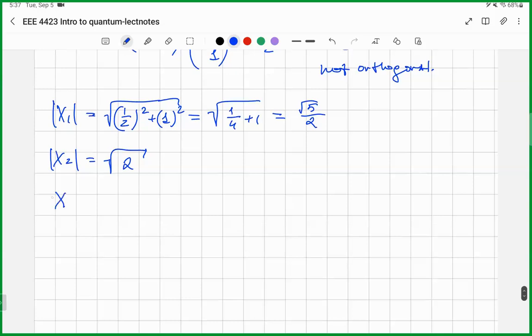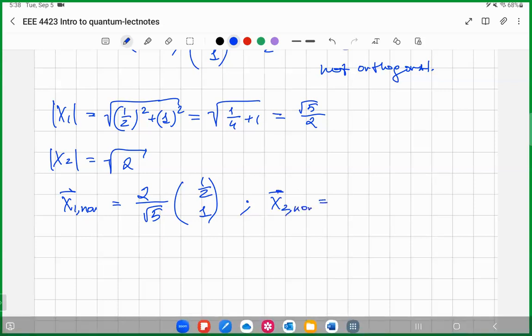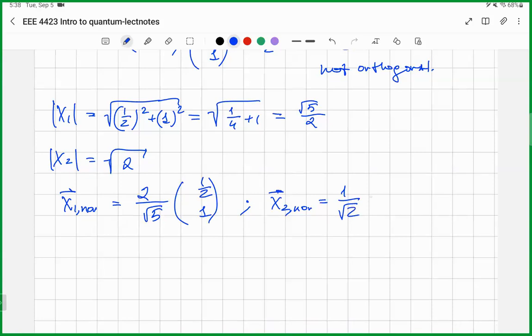So the normalized vector 1 is equal to, we need to divide, right? So it will be 2 over square root of 5 times vector 1/2 and 1, and second vector normalized is equal to 1 over square root of 2 times -1 and 1.